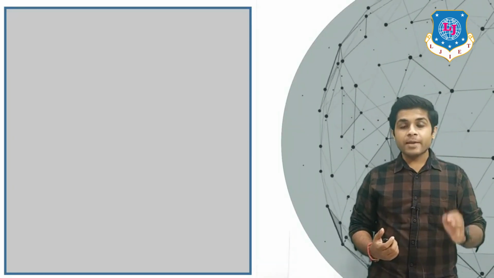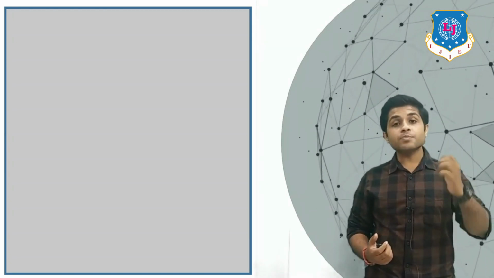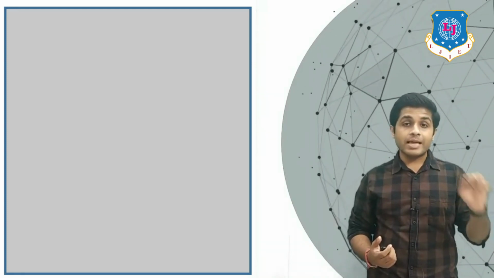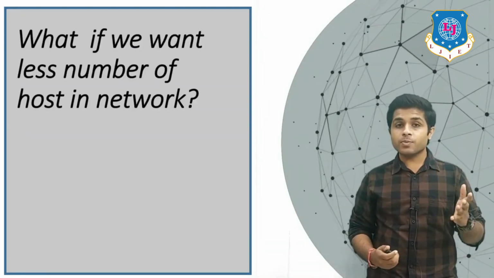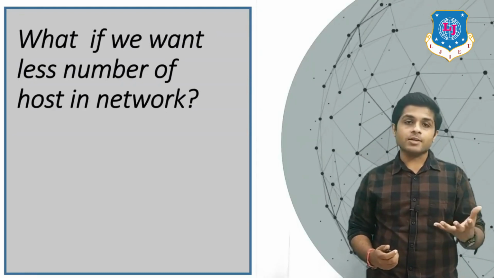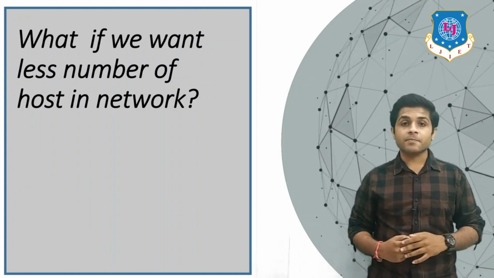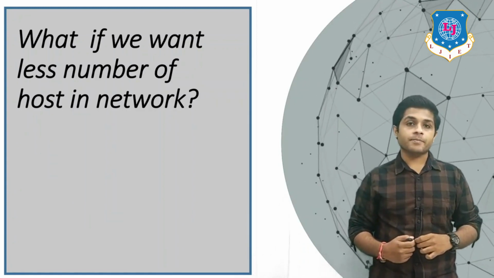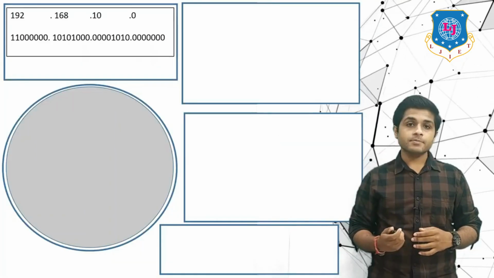So when we need to create a network with fewer addresses than the given one, we will divide the network into smaller parts. That process is known as subnetting, and subnetting is also known as classless addressing. So let's see how subnetting works.